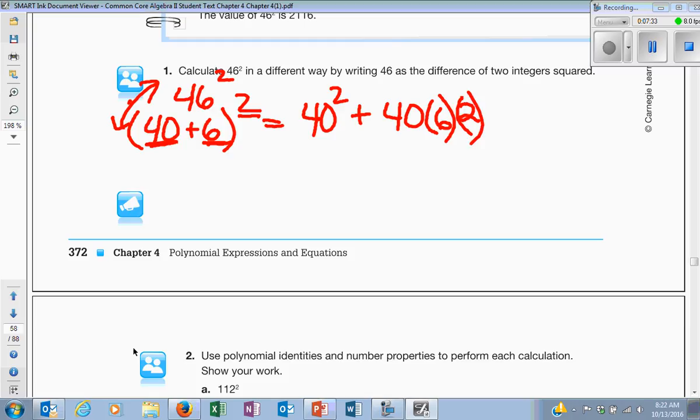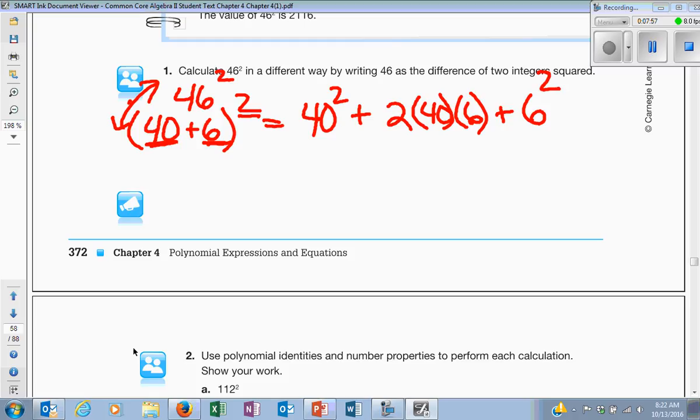Or I can rewrite that if you'd like it this way: 2 times A times B, that's fine. 2AB plus what's the final one? B squared, which is going to be 6 squared. Everybody follow that?